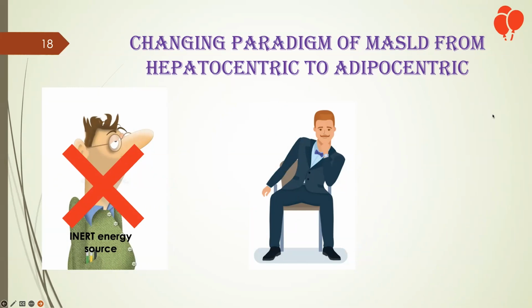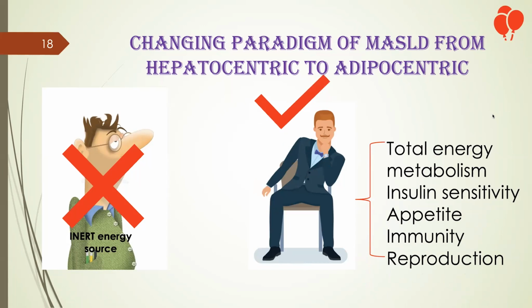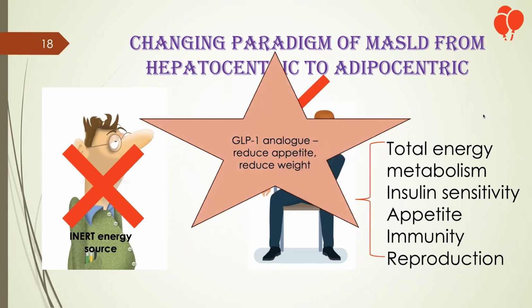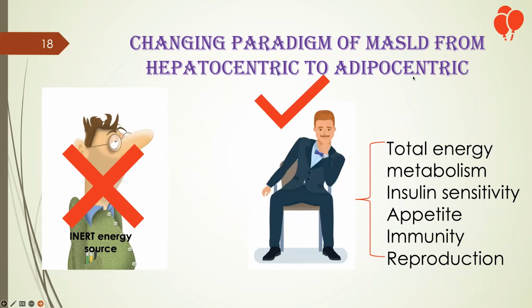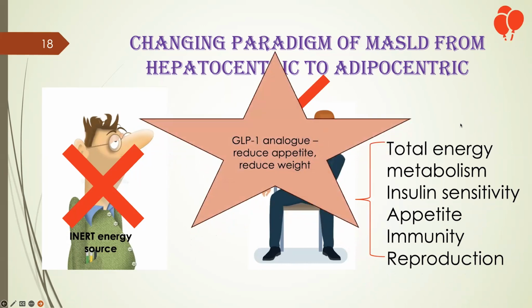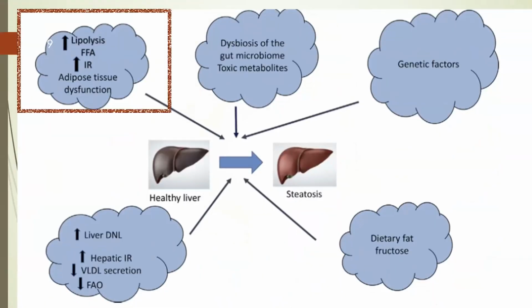It is involved in insulin sensitivity, as well as has effect on appetite, immunity, and reproduction. So a large number of drugs are trying to act at this level to take care of fatty liver disease. The classical example is a drug called GLP analog or semaglutide, which has the maximum sales for any drug in the pharmaceutical industry as of today.